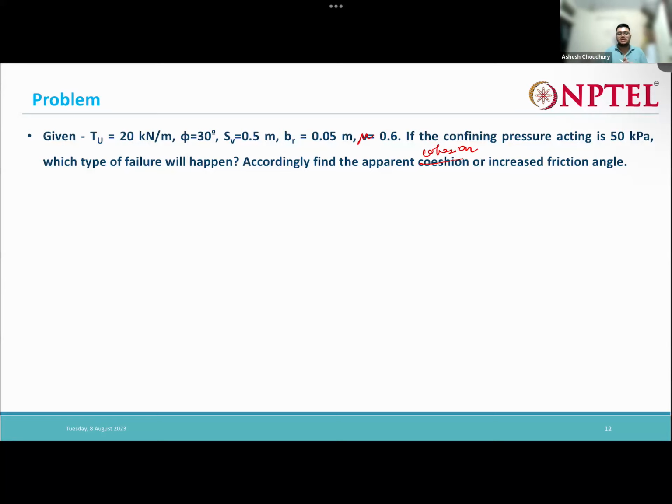Similar to the previous one, first you need to find out the limiting confining pressure, limiting sigma 3.